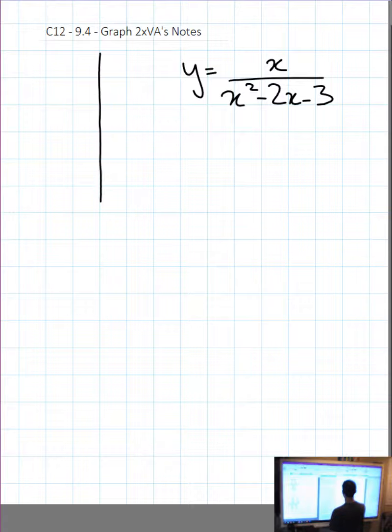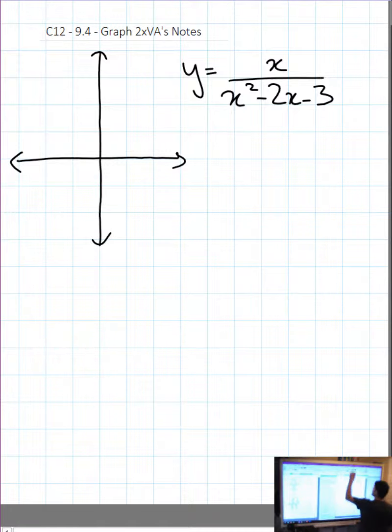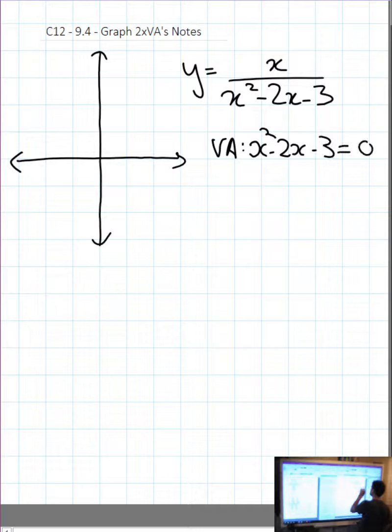So I can draw a little graph there. Let's start off with our vertical asymptote. Vertical asymptote means denominator equals 0, the domain means the denominator can't equal 0. We're going to go back and forth. The vertical asymptote is equals. The domain is can't equal, as we've seen in the notes.